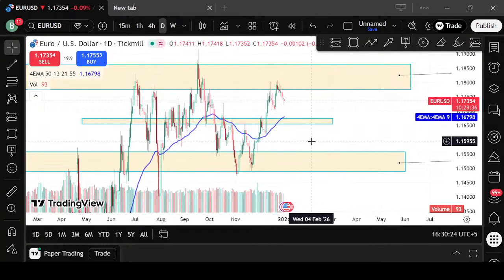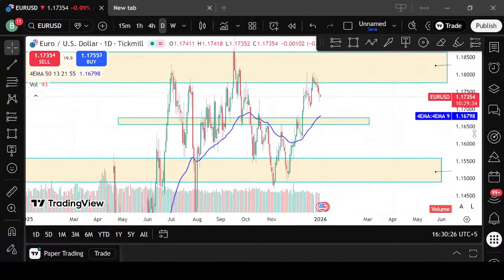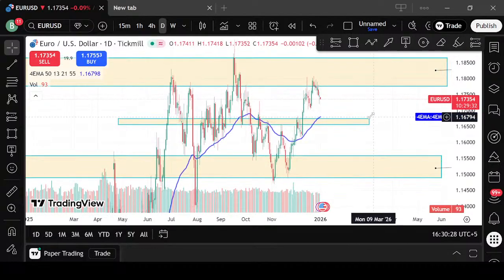I will make it whiter so that you can see it clearly. Now you can see the price is up here and moving down, and if it reaches this level, there is more chance of a rebound from it because it is a strong support. The first touch, second, third, fourth.